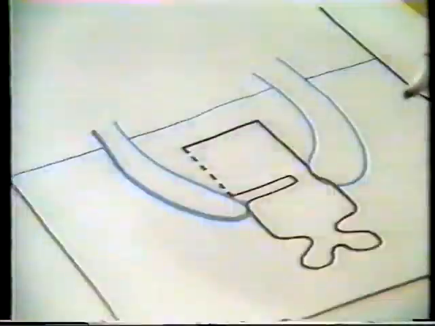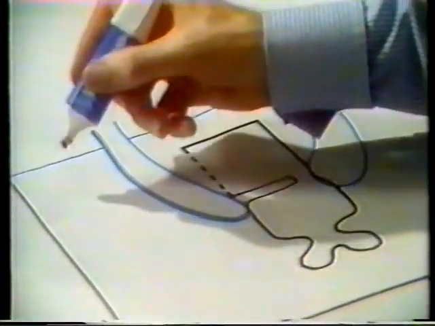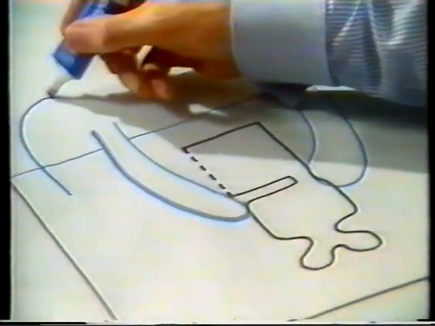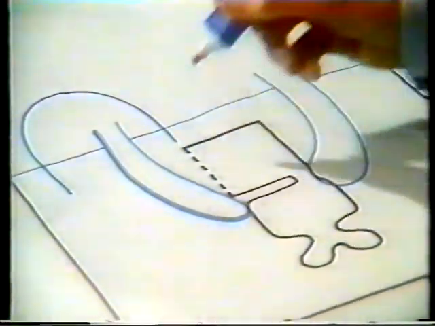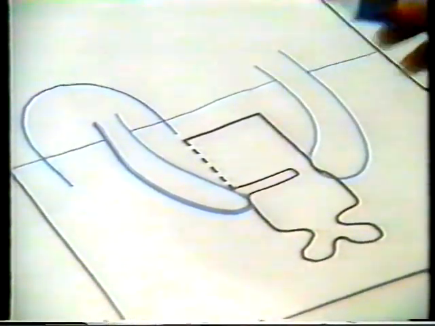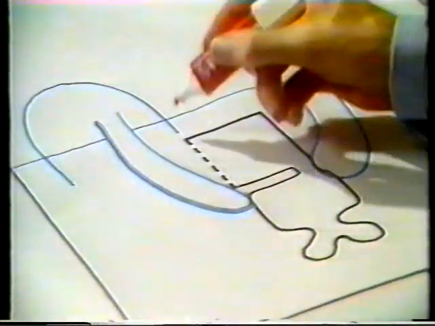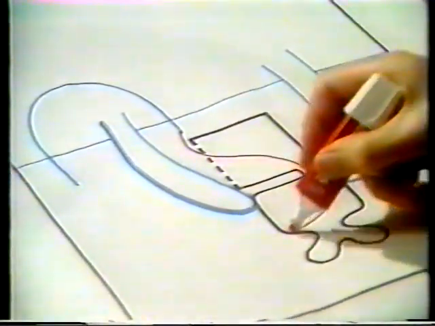And in this case, the current will no longer flow in this loop. But if we connect a wire from this solution round to the solution inside the pipette, then once again the current can flow in this loop.